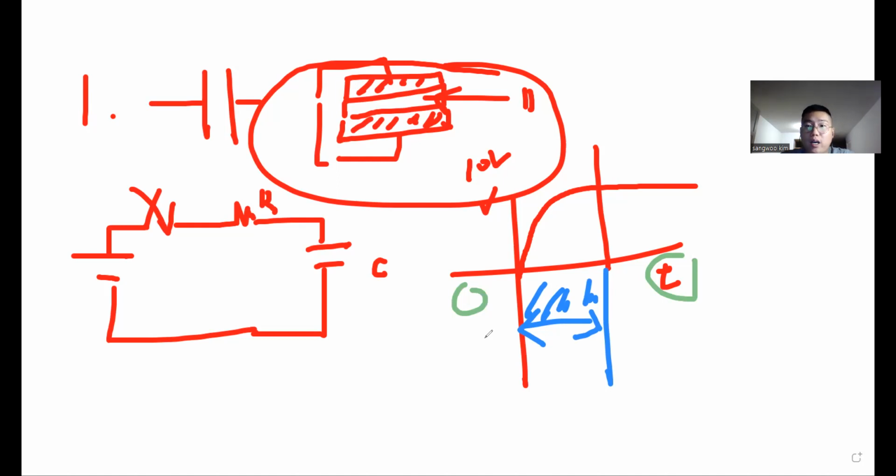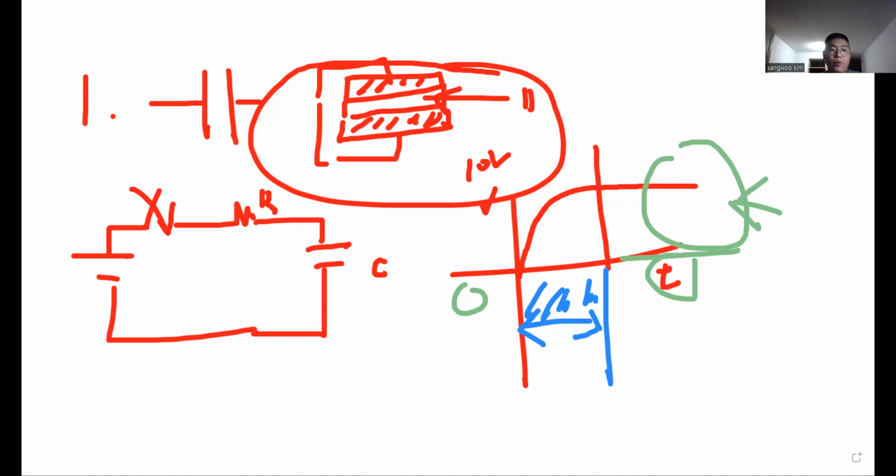So we say in the DC steady state, the capacitor is an open circuit. But the inductor in a DC circuit, in the DC steady state, is a short circuit, right?